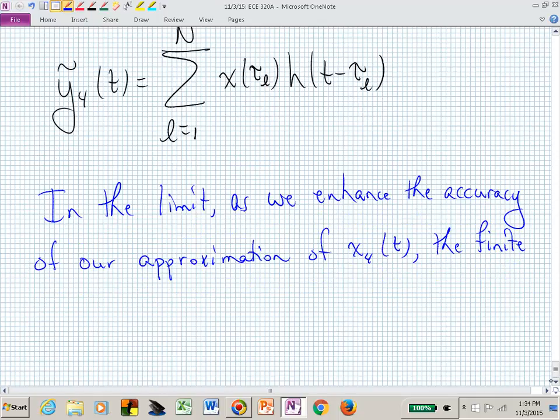The finite sum turns into what? An integral, right? This sum now becomes an integral when we keep dicing it up finer and finer.